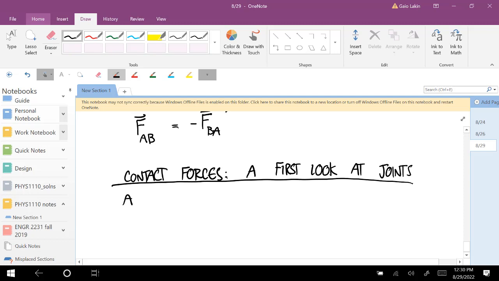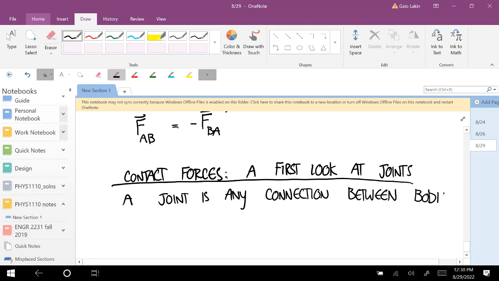A joint is any connection between bodies. For particle statics, this is only going to come up in 3 ways. There's a lot more when you get to rigid body statics, but for particles, there are 3 types.